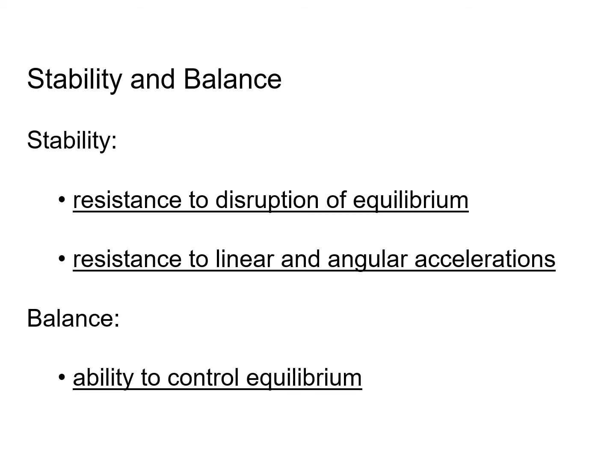With balance, we're looking at the ability to control, or basically maintain, an equilibrium. So if you are on a boat and it's rocky, we're looking at your balance. You're able to activate your agonists and antagonists, the neutralizers and stabilizers, in such a way that you maintain equilibrium, and so you're maintaining your balance and not falling to the deck of the boat.